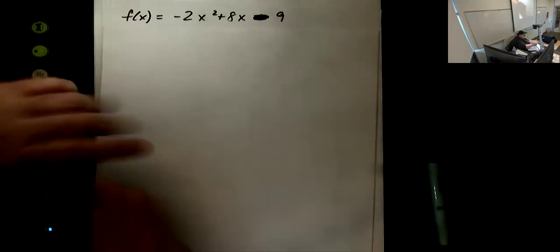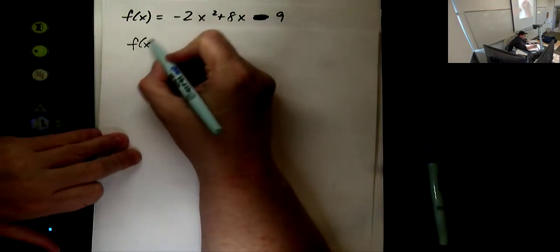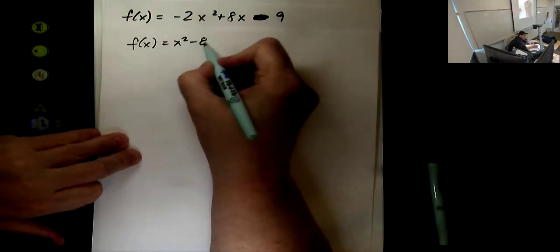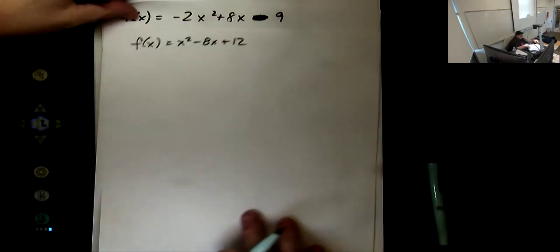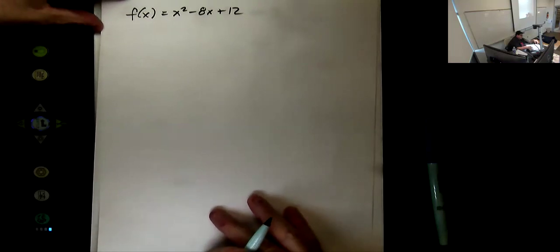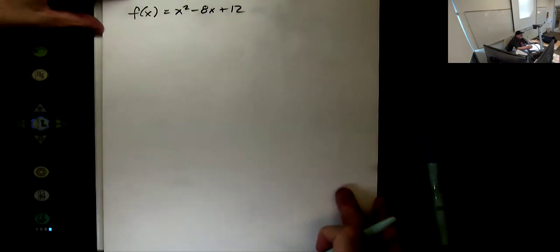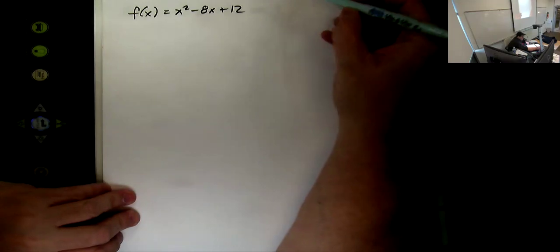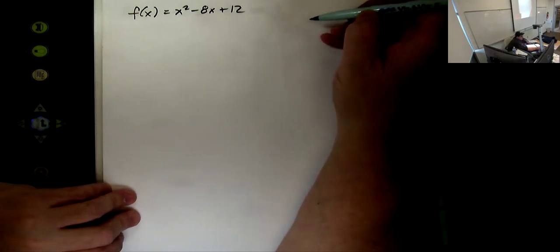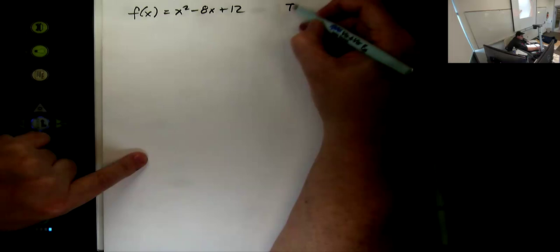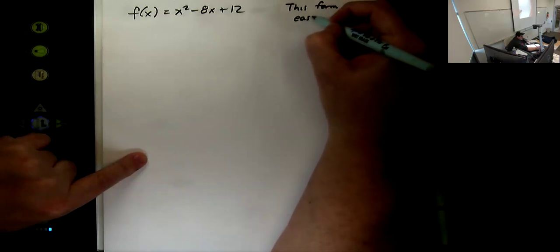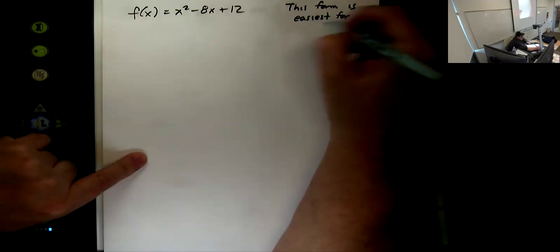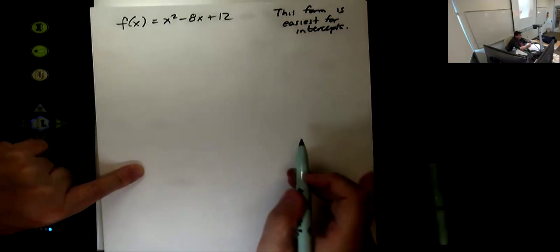Let's start off with f of x equals x squared minus 8x plus 12. So this form is easiest for intercepts. So let's grab them real quick.